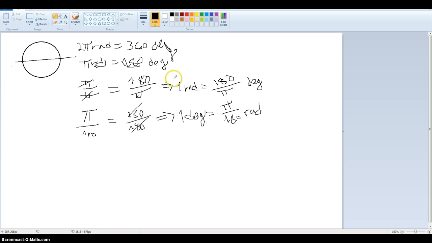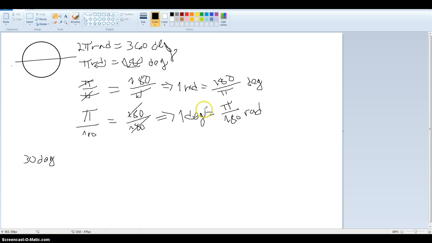So this is the most important thing. When you have done this, it would be easy. Like we want to know how much 30 degrees is in radians. We just multiply with this.